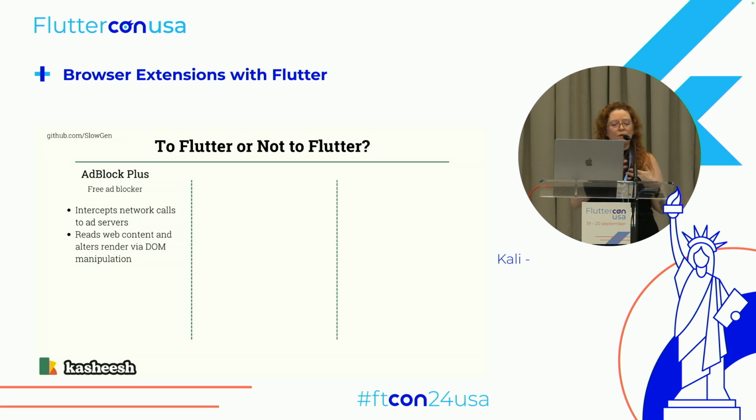It can also read the web content and intercept and change the render. So instead of seeing an ad, you'll see an ad is blocked by AdBlock. Good for Flutter? Probably not. Almost all of that happens on the background. It's very silent. There is a UI, but the UI is not very reactive. It's more just like configurations. It would be so much extra work to do it in Flutter with very little payoff, so not a good idea.